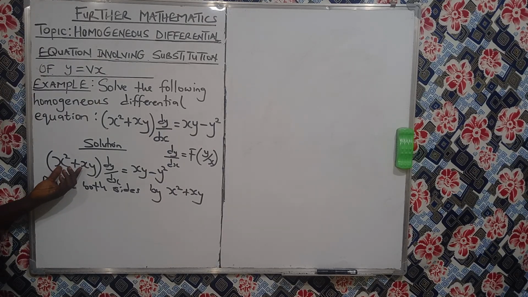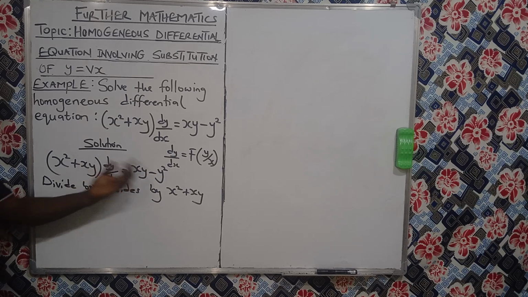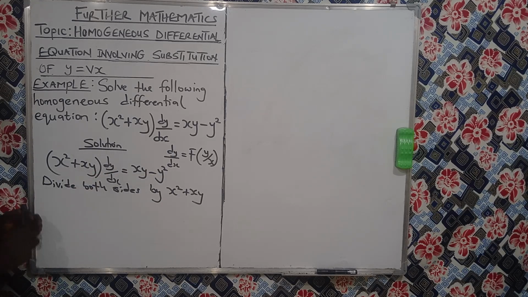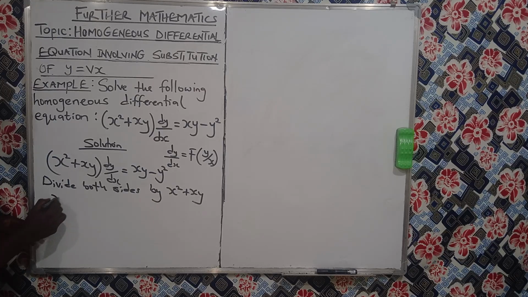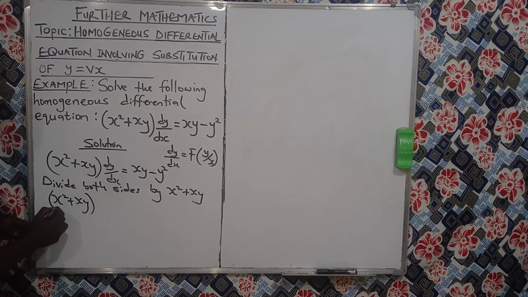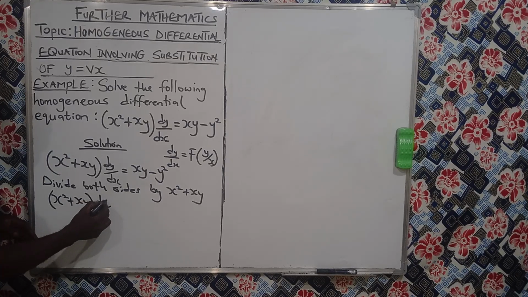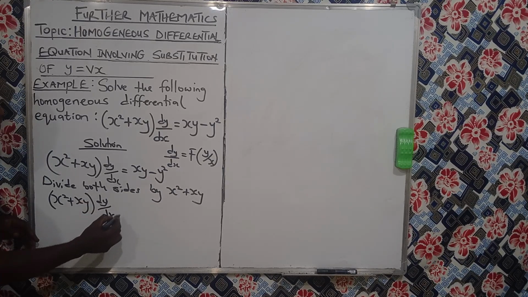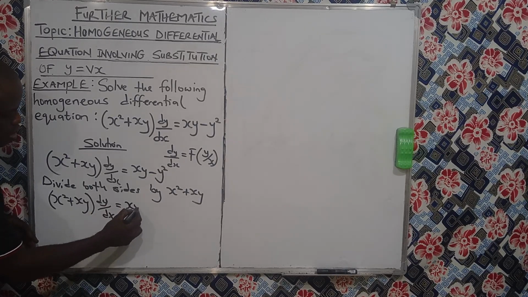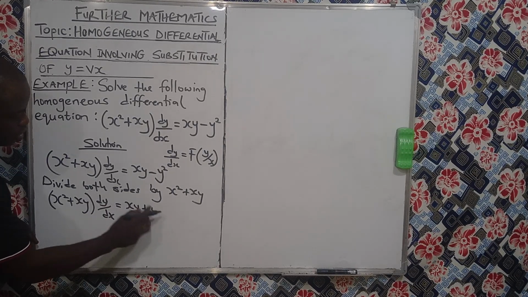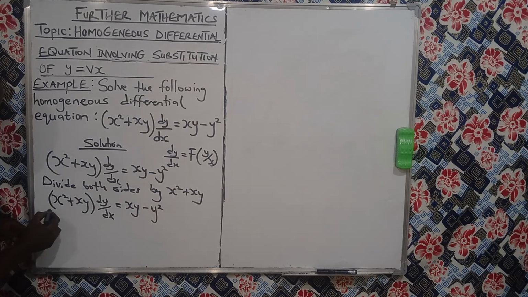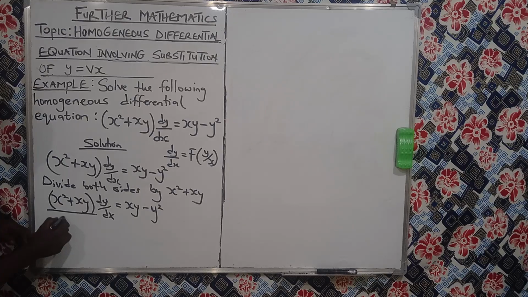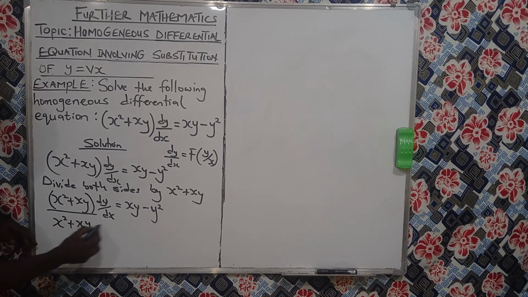You have to remove it from the left hand side and take it to the right hand side. How do you do that? You divide both sides by x squared plus xy. Now we have x squared plus xy, dy over dx equals xy minus y squared, divided by x squared plus xy.